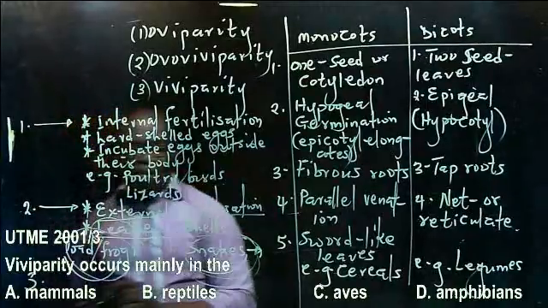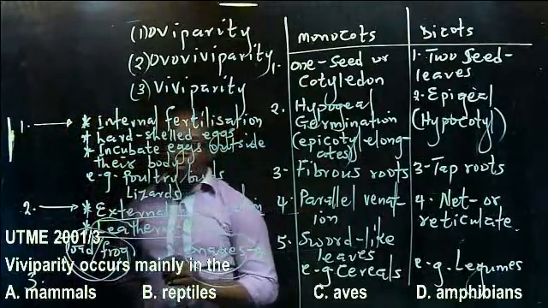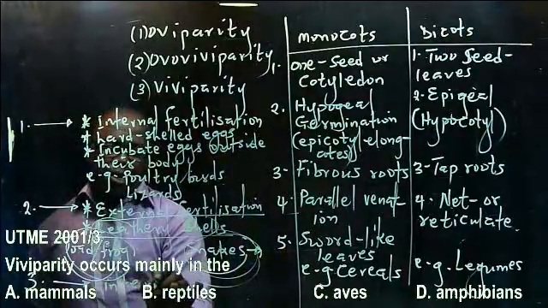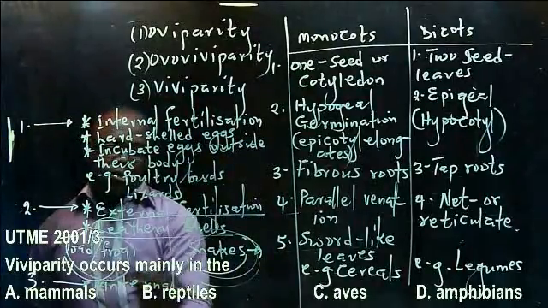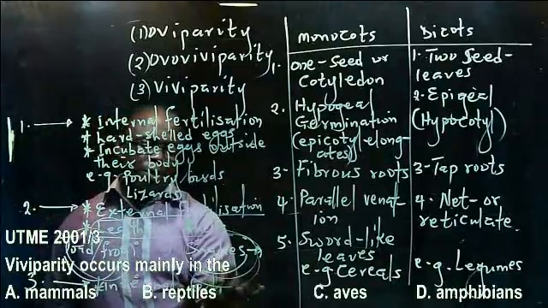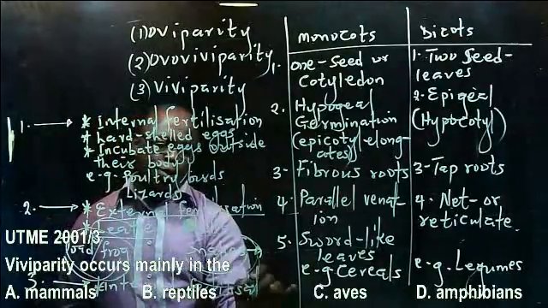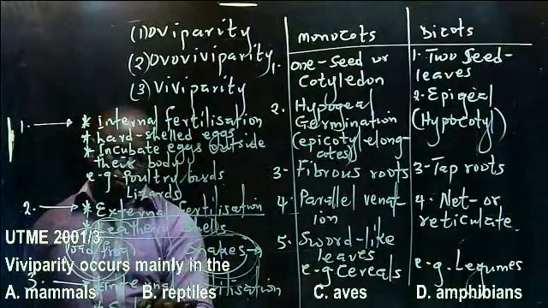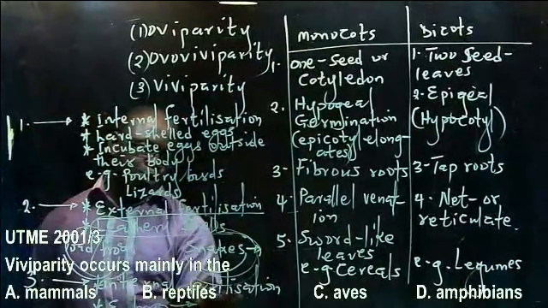Therefore, viviparity, the last one. Viviparous animals are animals that exhibit internal fertilization. Eggs are not laid in this case. After the fertilization, an embryo is formed, and this embryo is nourished with the aid of a structure called placenta.